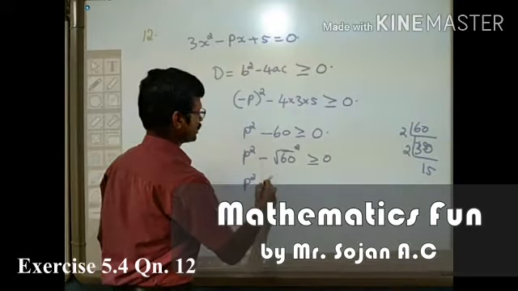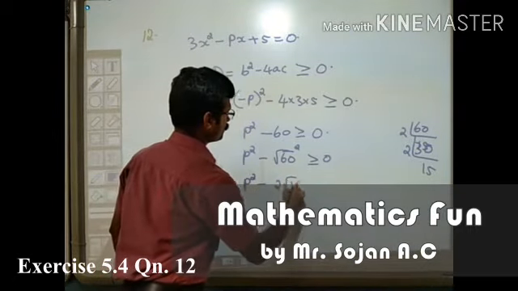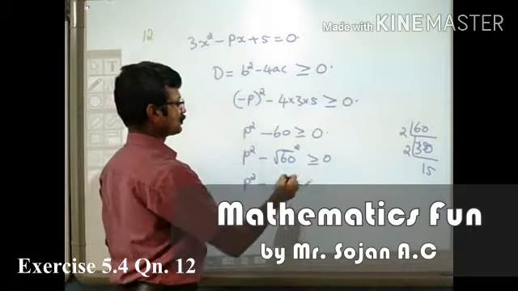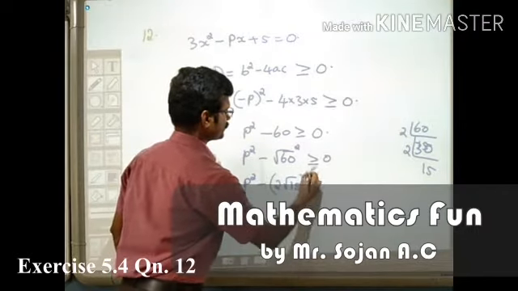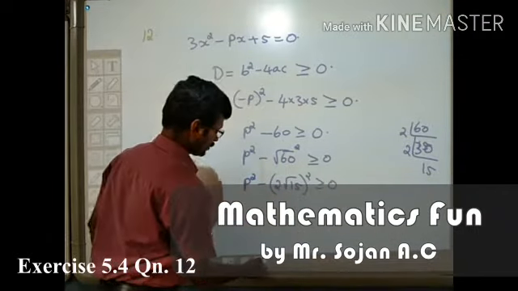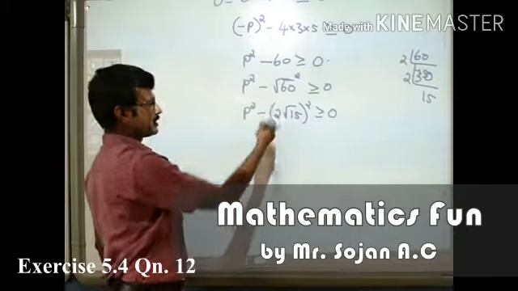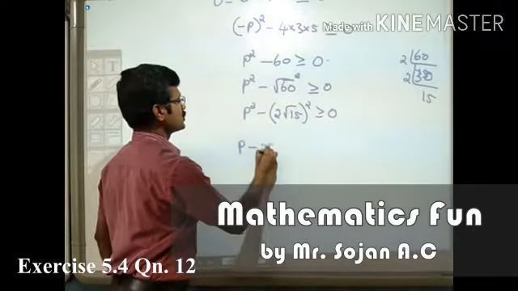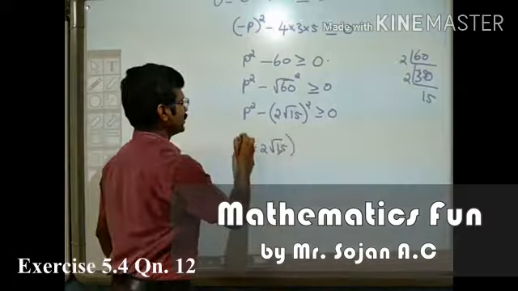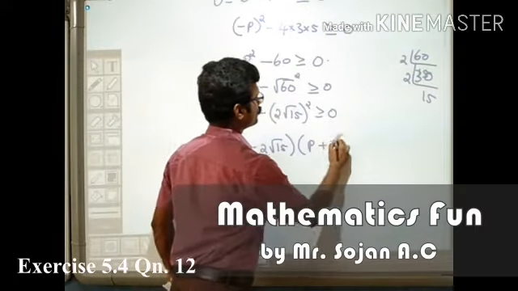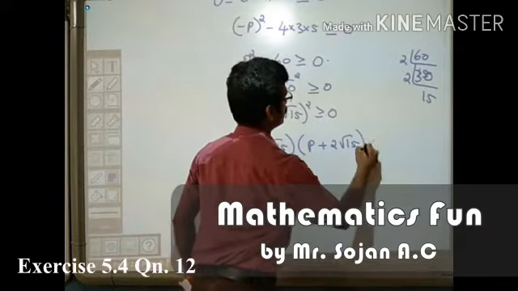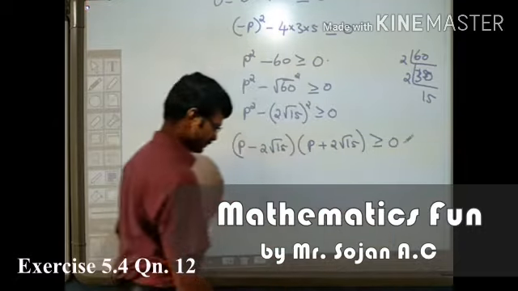This I can write as p square minus 2 root 15 square is greater than or equal to 0. So now a square minus b square, factorizing it, so p minus 2 root 15 into p plus 2 root 15 greater than or equal to 0.